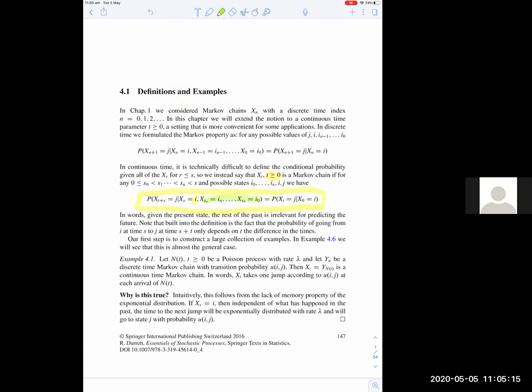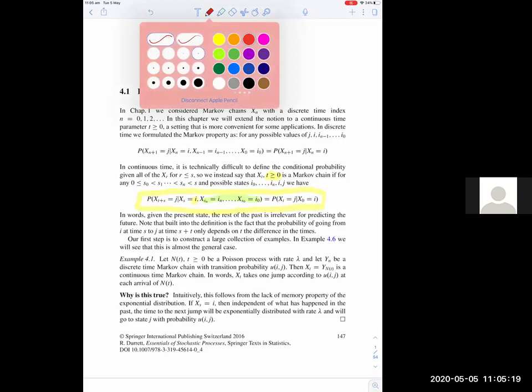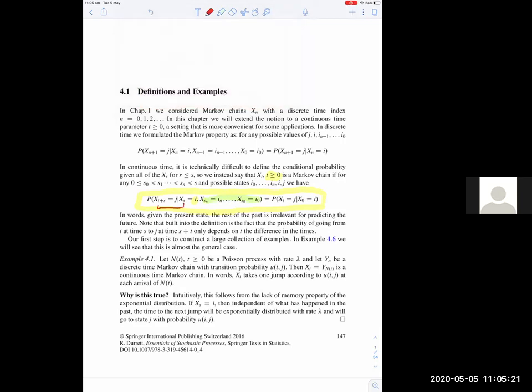The other thing is homogeneity. If you look at the difference between this time and this time, that difference is t. Then it's just like thinking that at time 0 you're in that state i, that's here.